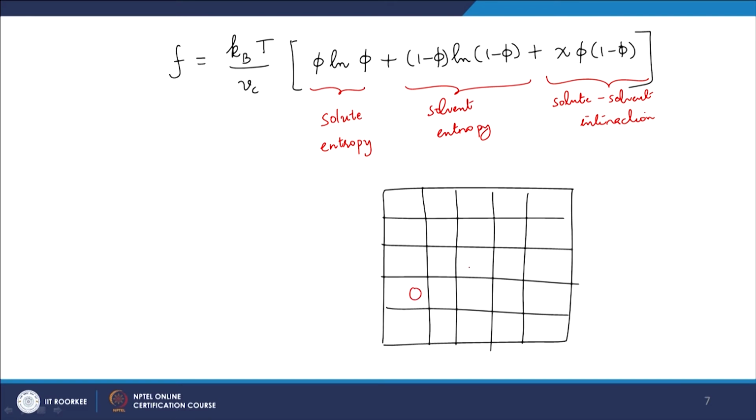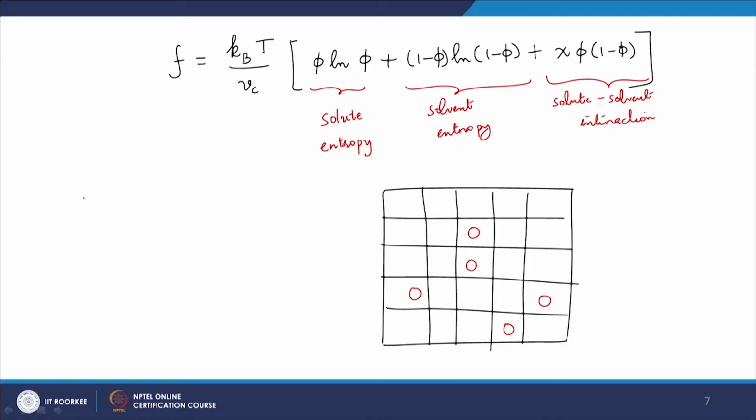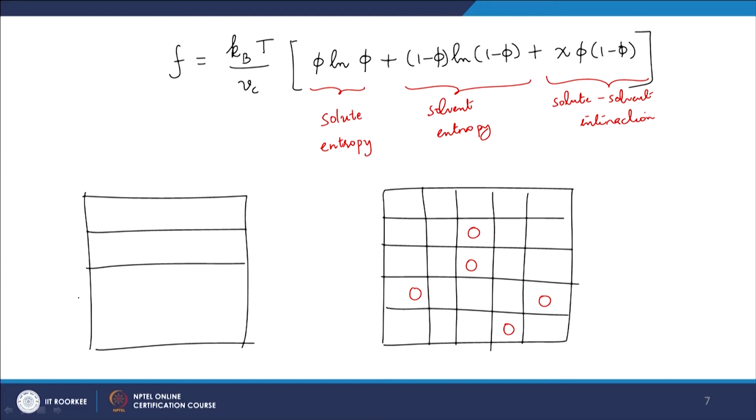Is, if for example you have solute molecules like these on the lattice and remaining positions are occupied by the solvent molecules, they will have much larger entropy compared to the case when these solute molecules I have drawn rather represent a bead or a segment of a polymer chain.